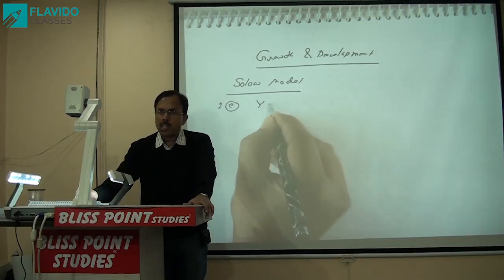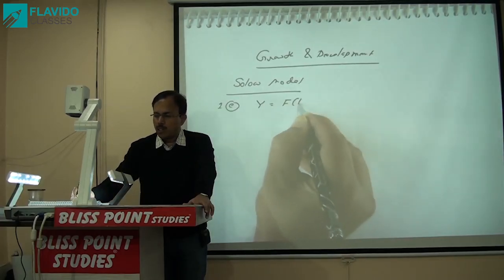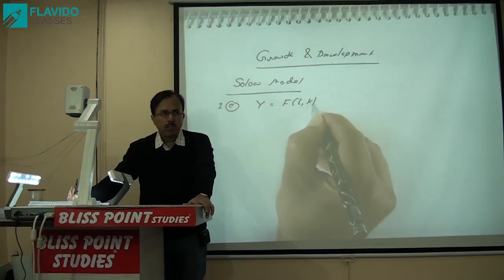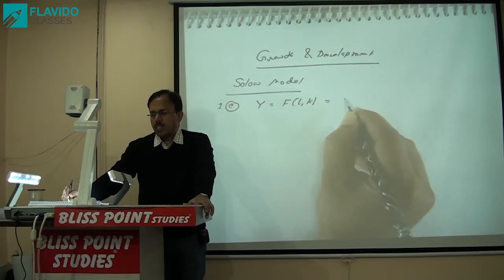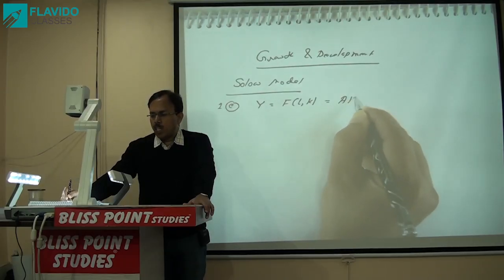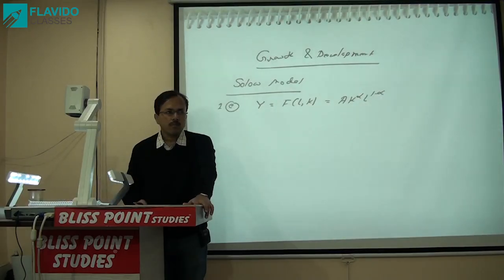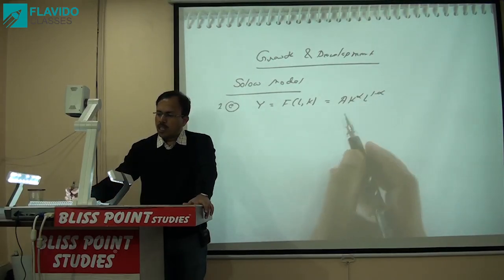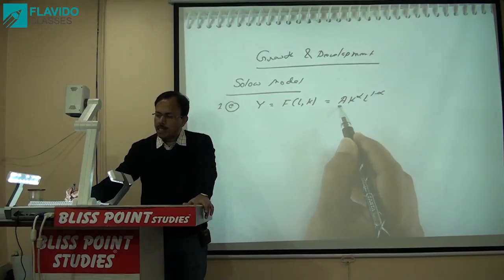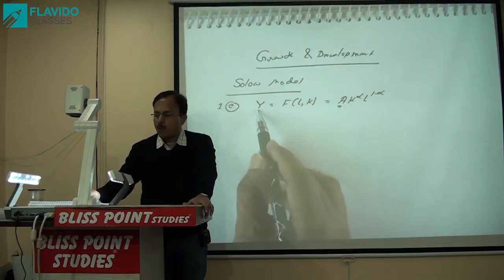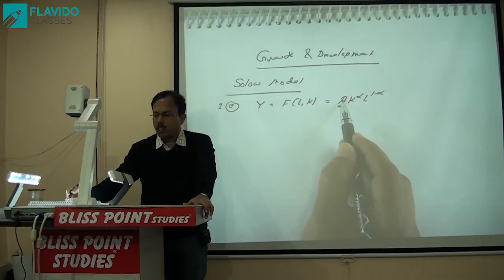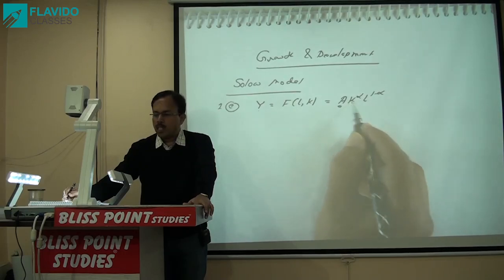When you say output, that is Y, it is a function of labor and capital. It is generally written in the form of A, capital to the power alpha, labor to the power 1 minus alpha. When you include technology, technology is represented by A. So output is a function of technology, capital, and labor.